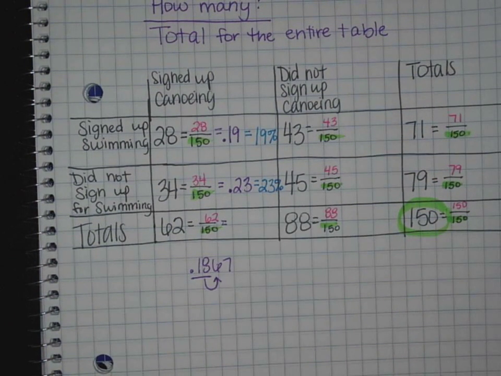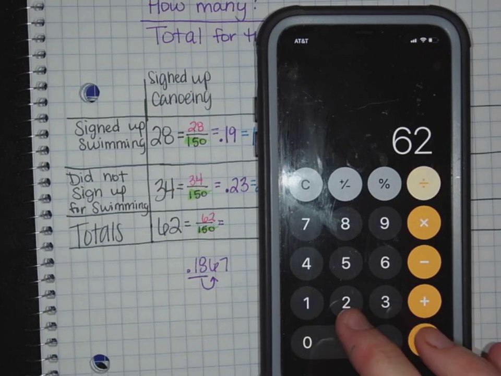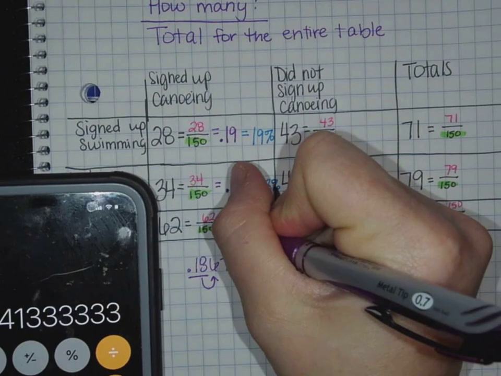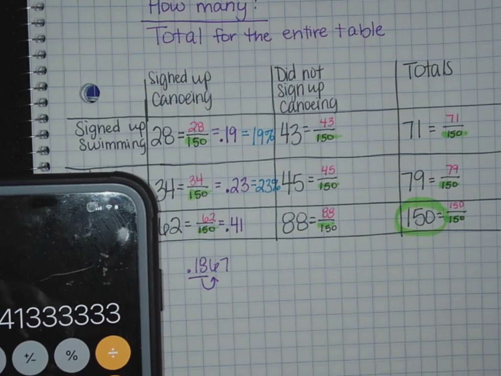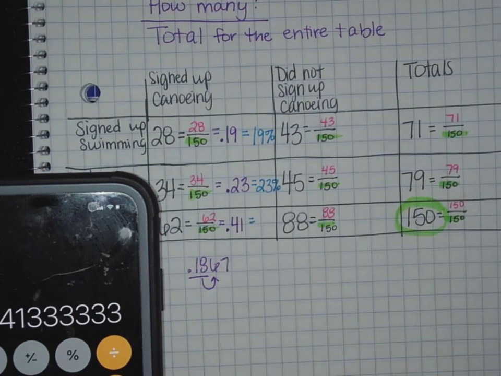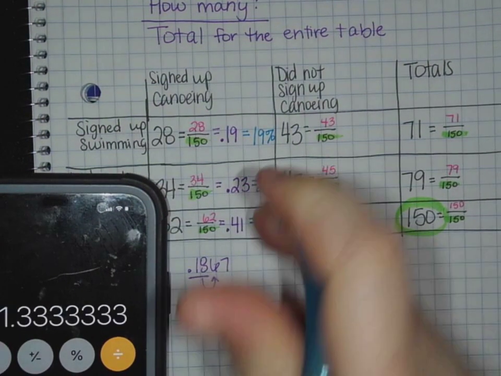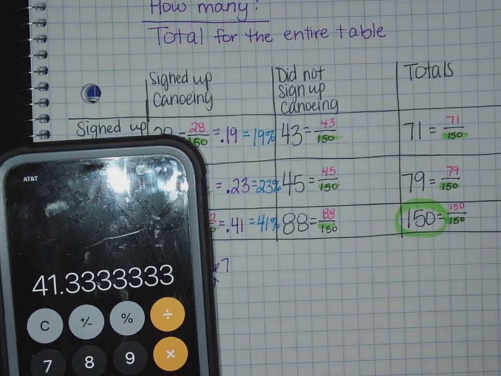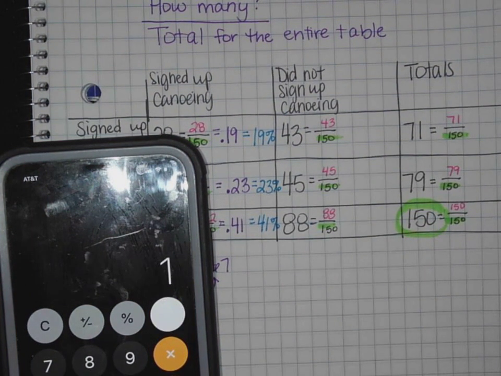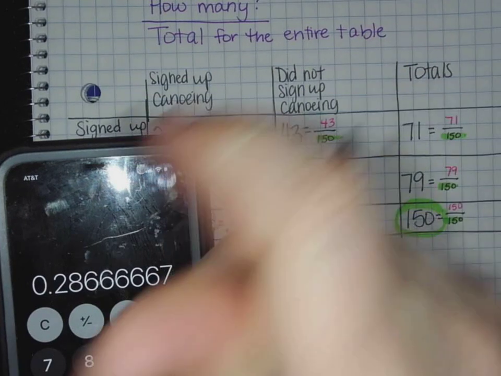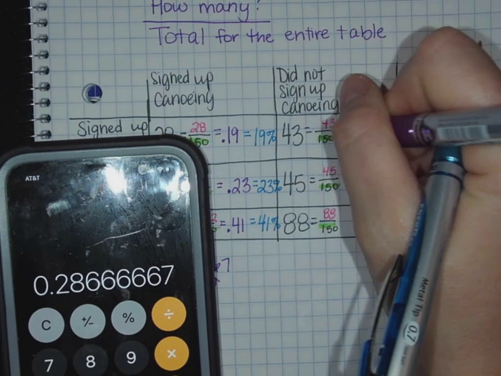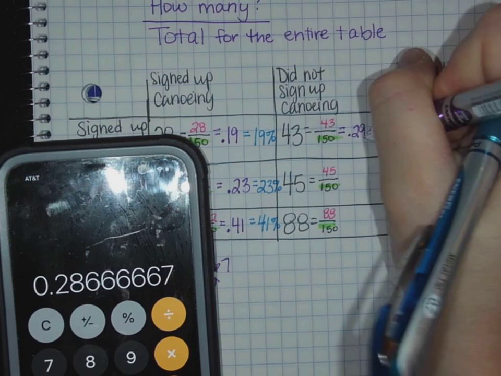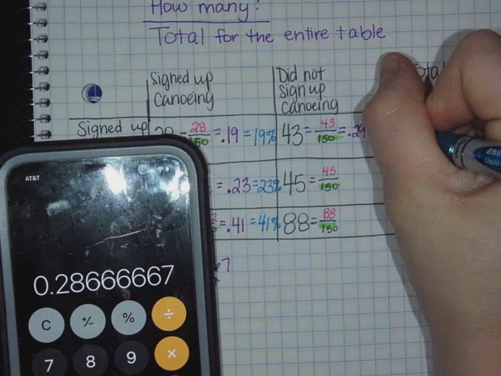I'm going to go through this next part a little quicker, because I feel like I've explained it enough. So that would be 0.41 multiplied by 100. You get 41%. 43 divided by 150, that 6 would make that 8 a 9, so 0.29, which is 29%.